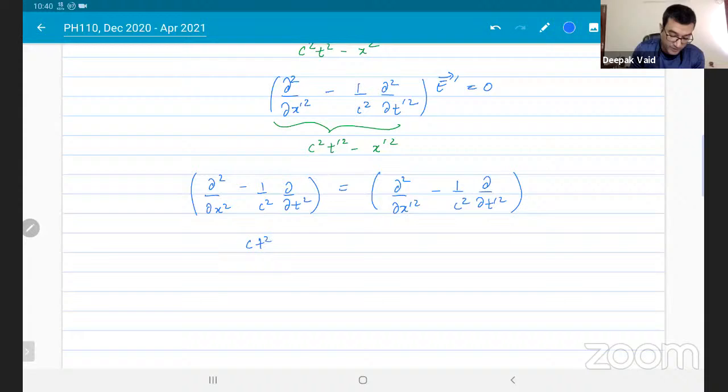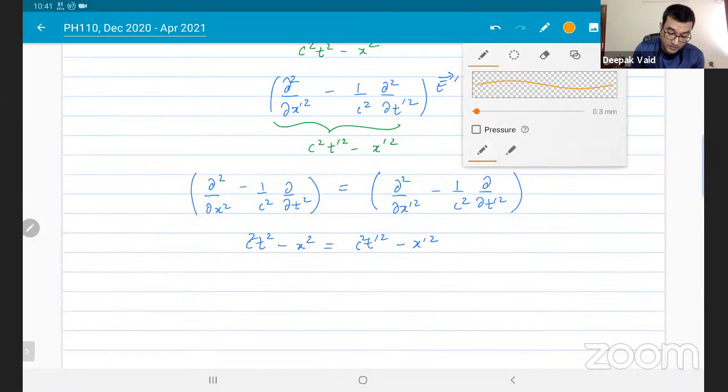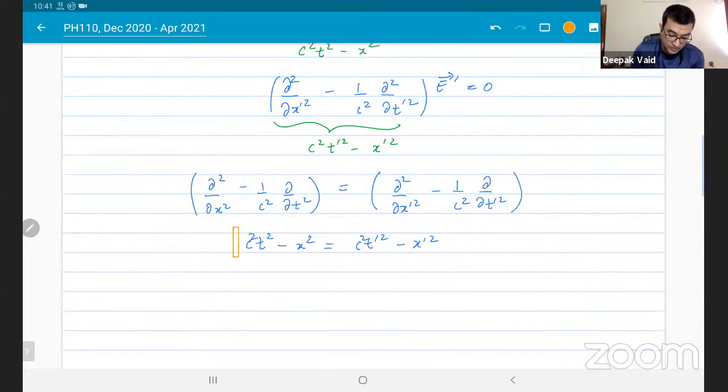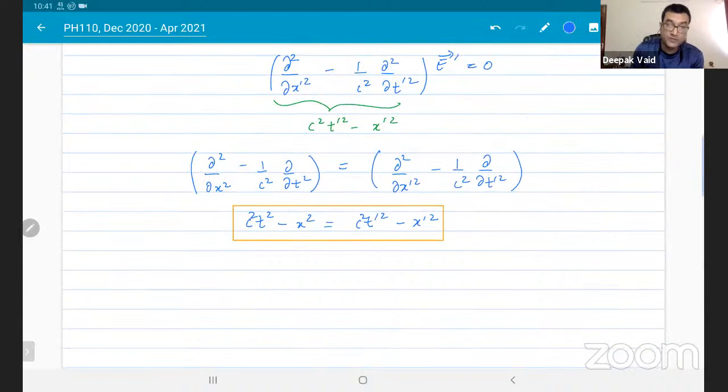One way to make sure that happens is if this condition is obeyed: c squared t squared minus x squared in one frame of reference should be the same as c squared t prime squared minus x prime squared in the other frame of reference.